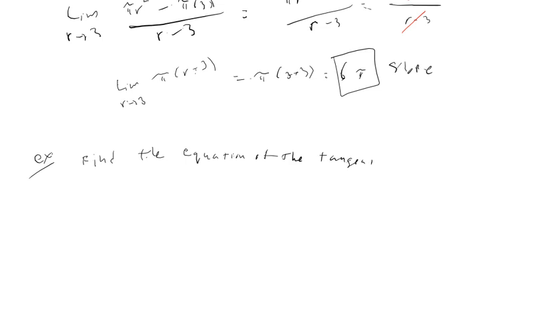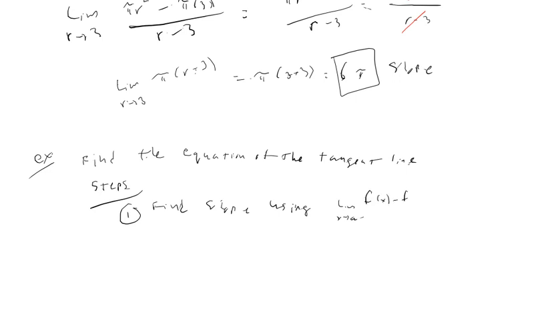First, find the slope using the limit as x approaches a of f of x minus f of a over x minus a. So find the slope of the tangent line, that's step 1.